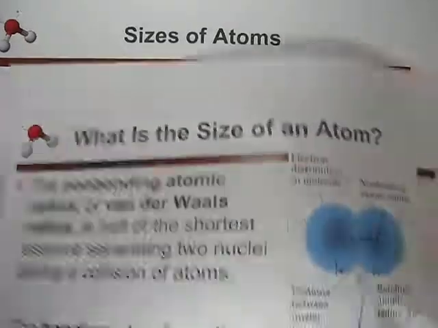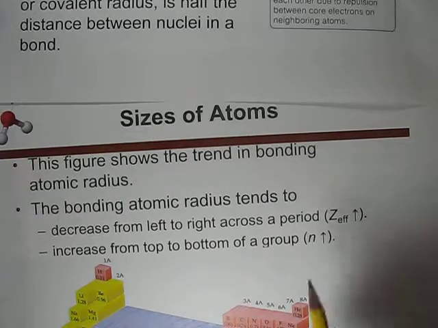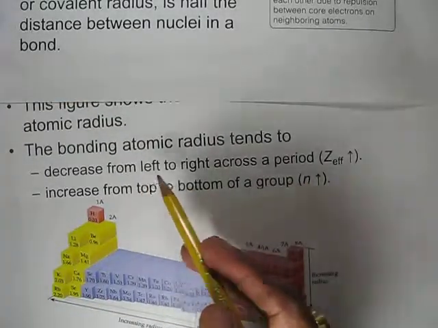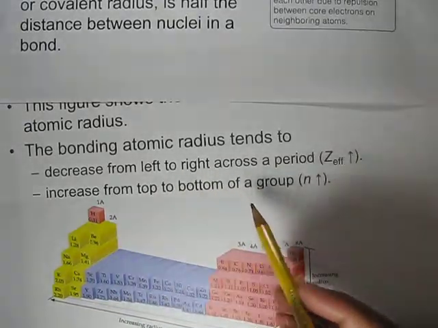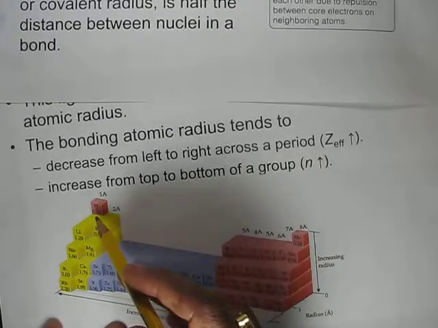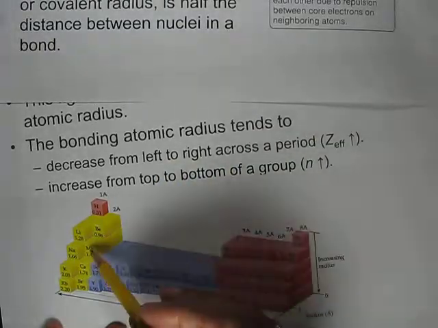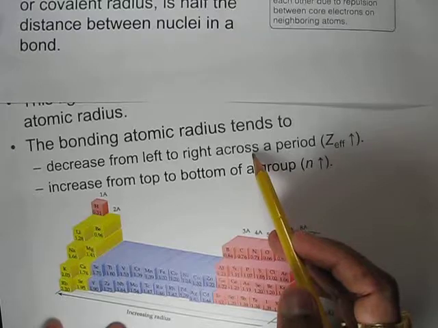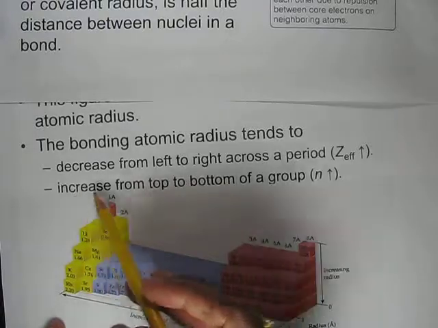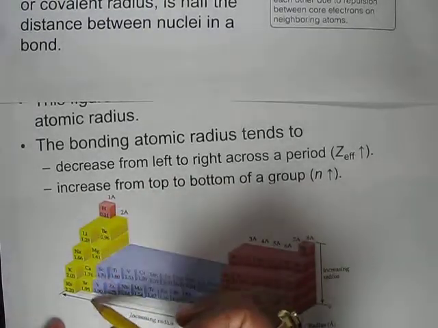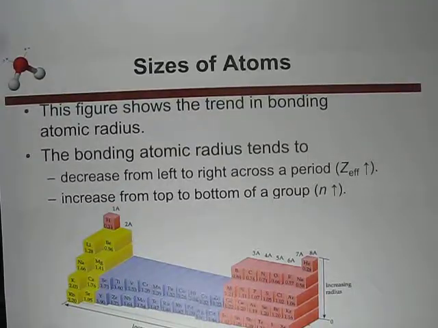This radius is used to define the size of an atom, and the bonding atomic radius tends to decrease from left to right across the period and increase from top to bottom of a group. So when we move from left to right in the period, the atomic radius decreases. The size of an atom also decreases, and increases from top to bottom. This is the trend of the size of an atom in the periodic table.